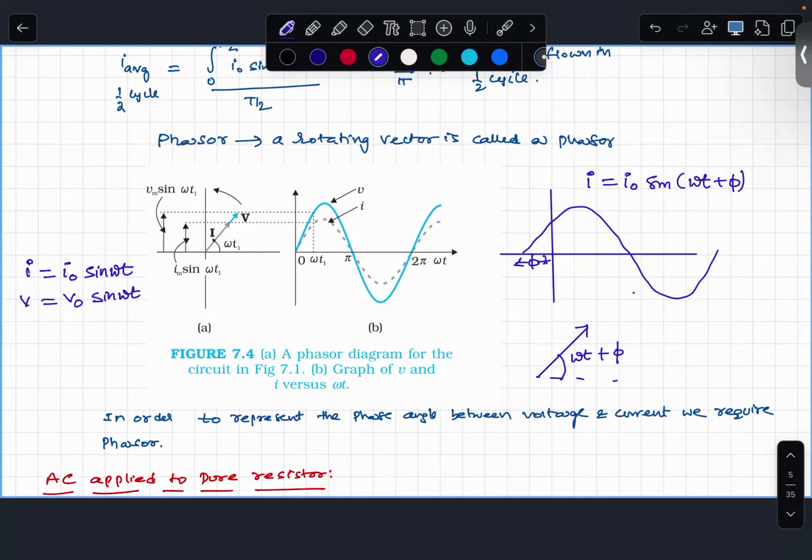Any doubts? No. You cannot apply Ohm's law for average and RMS values, but you can still apply Ohm's law for instantaneous voltage and instantaneous current.